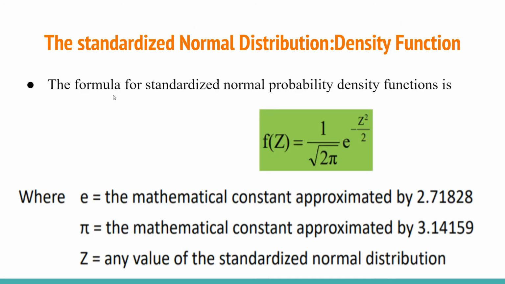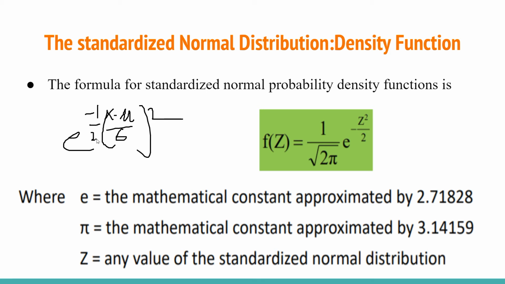Look at this formula. The formula for the standardized normal probability density function is f(x) equals 1 upon root 2 pi times e to the power minus z square upon 2. This z can be written in this way also: e to the power minus half of ((x minus mu) upon sigma) whole square.